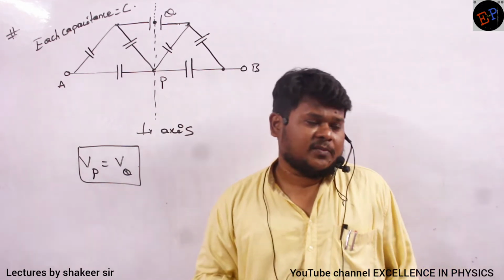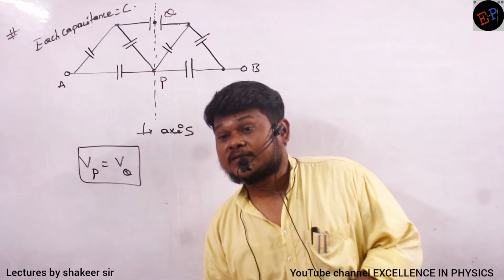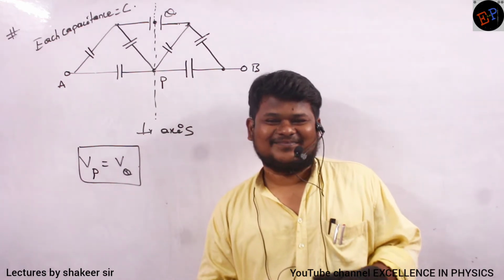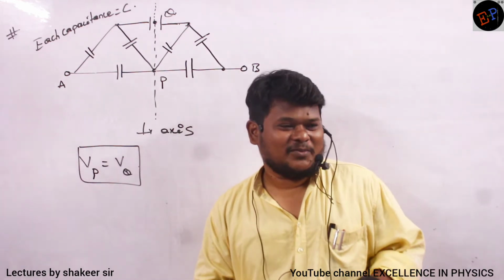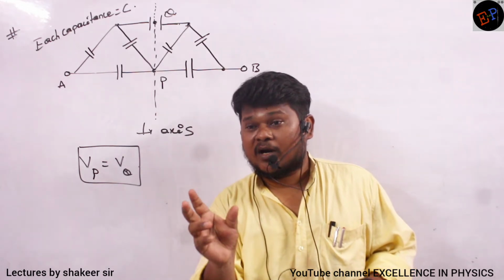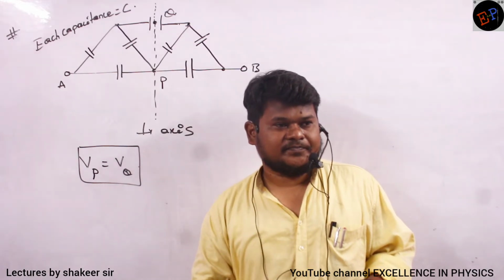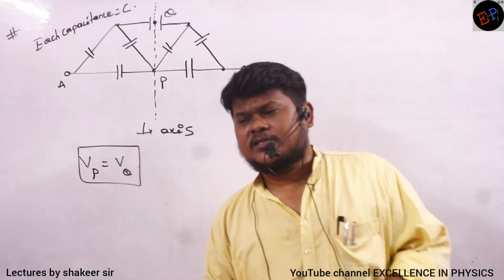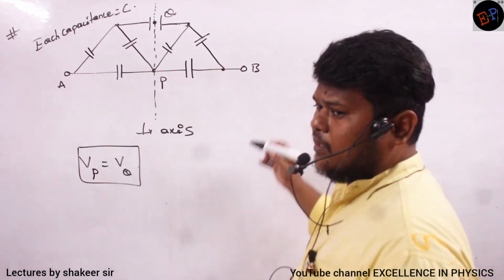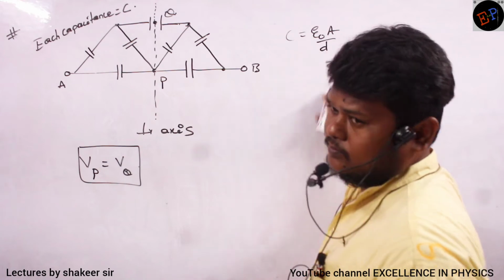So if the distance between the plates becomes half, what happens to capacitance? Are you able to understand? If I make the distance between the plates half, what happens to the capacitance of each capacitor? What is the formula to calculate the capacitance of a parallel plate capacitor? C is equal to epsilon naught A by d only, no?